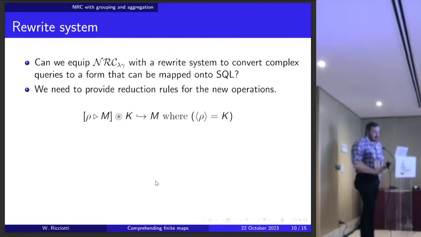For example, when we have a key value pair and we want to look up a certain key, well, in that case, we will just return the value provided that the key matches the one that we have provided in the lookup operation.